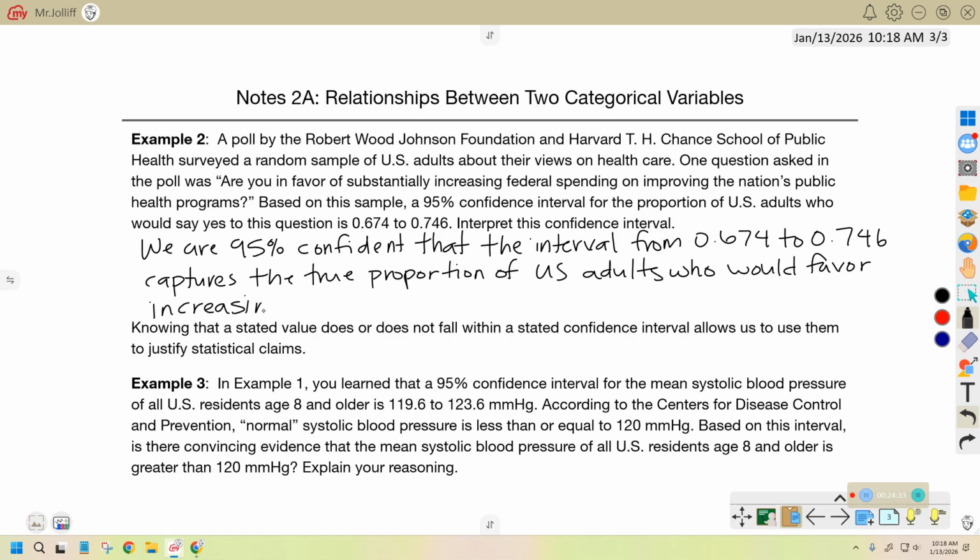I got that far. Favor increasing federal spending on healthcare. Is that what I heard? Okay.